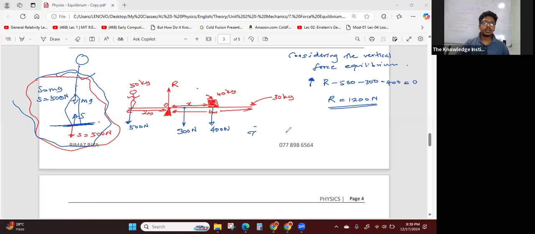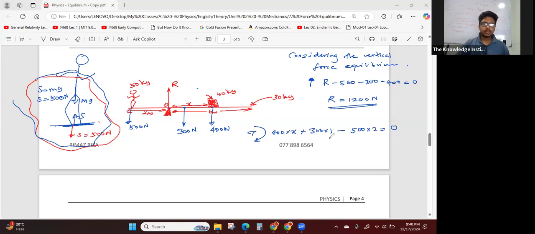So 300 into 1, and then this one, the boy's weight, due to the boy's weight, this force will be anti-clockwise. So minus 500 into 2 equals, the net torque has to be 0, then only it will be in rotational equilibrium.